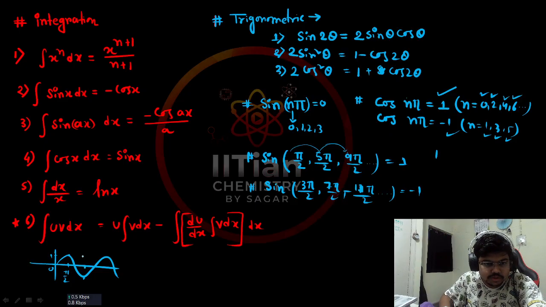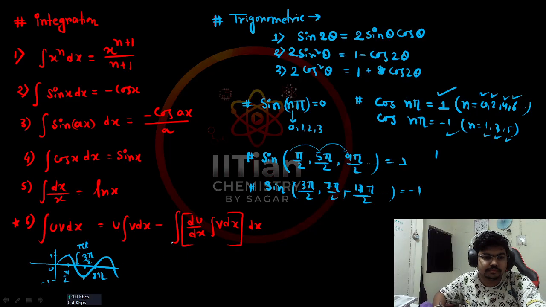That means this location is 3 pi by 2 and this is basically minus 1. So the midpoint of pi by 2 and 3 pi by 2 is pi, right? So this goes like this. So this point will be 2 pi, right?